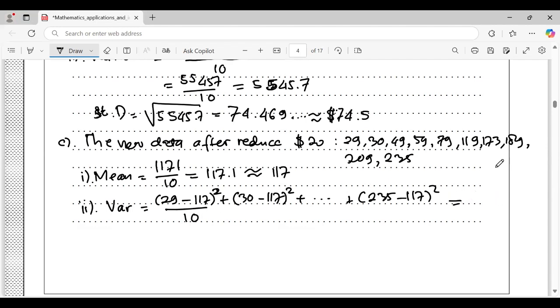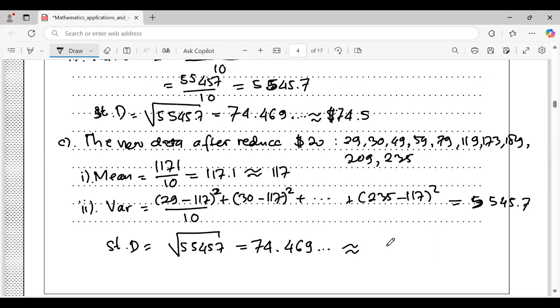And the variance is 5,545.7. It means the standard deviation is the square root of 5,545.7, equal to 74.469. Rounded off it becomes 74.5 dollars.